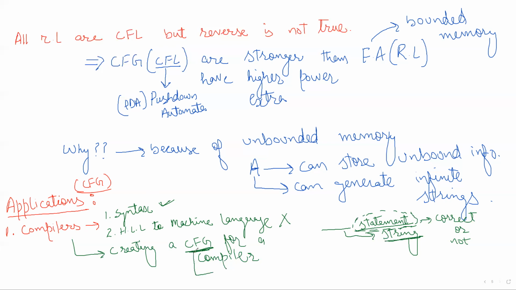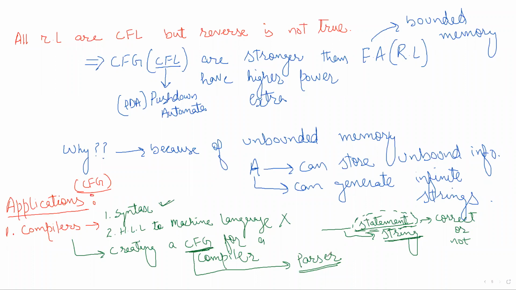So in our compilers, there are parsers. So what is this parser doing? The job of the parser is it will take this statement, and then it will see whether this statement can be generated using a context-free grammar for that particular compiler.